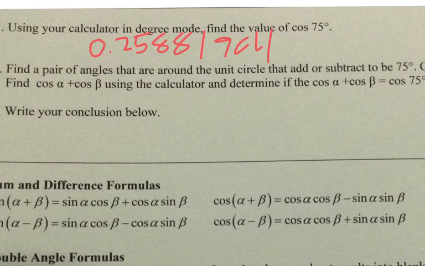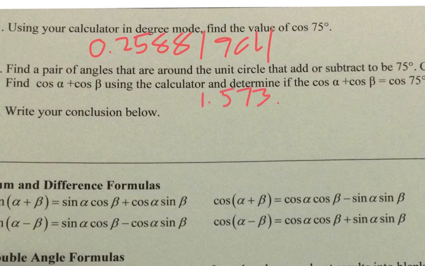So in your calculator, try cosine of 30 plus cosine of 45. What did you get when you did that? 1.573.